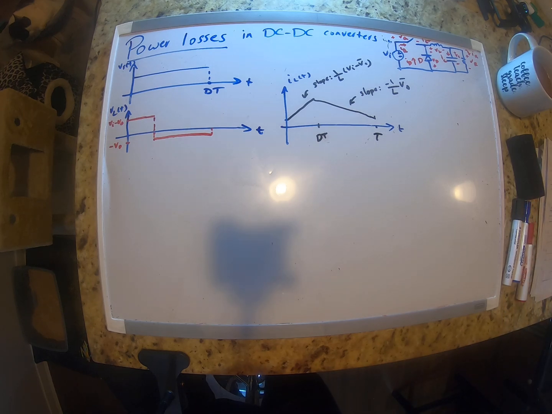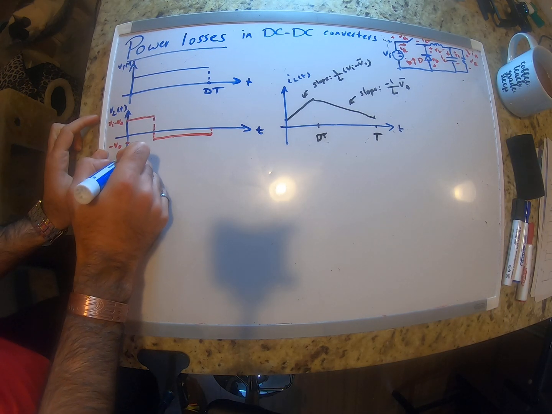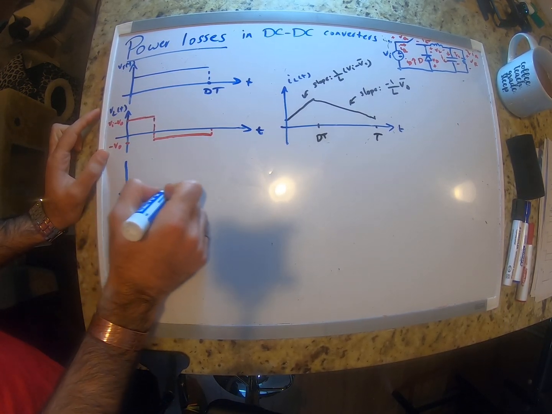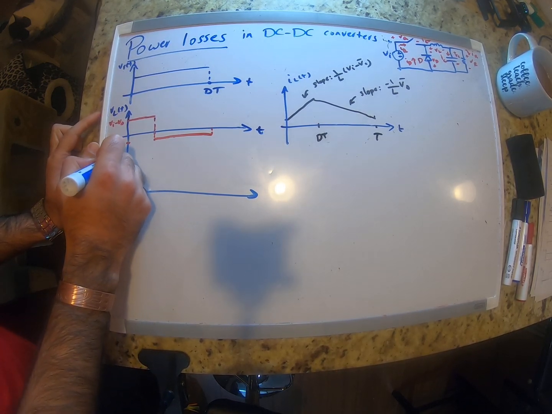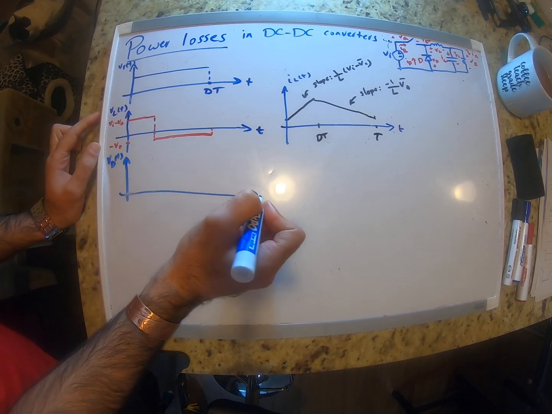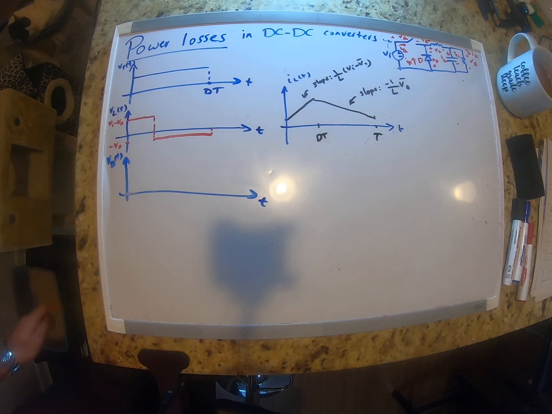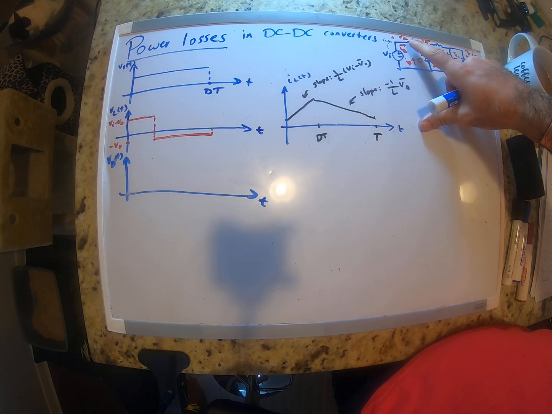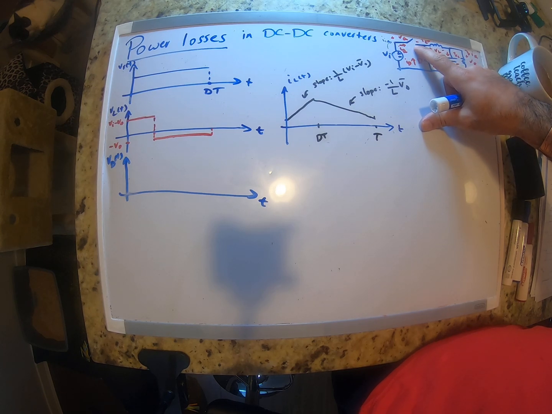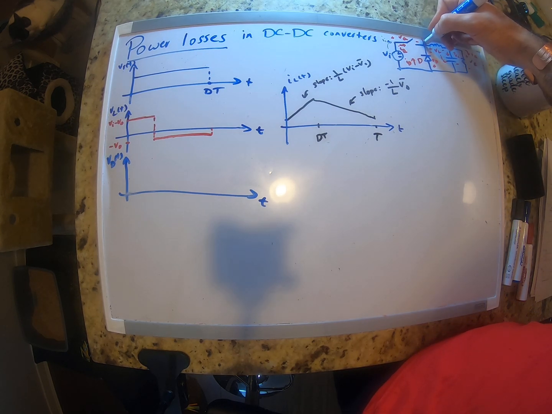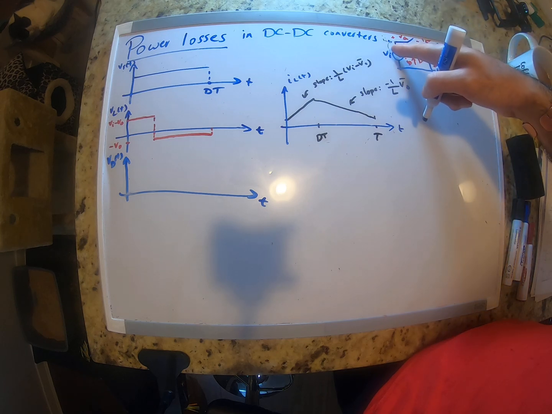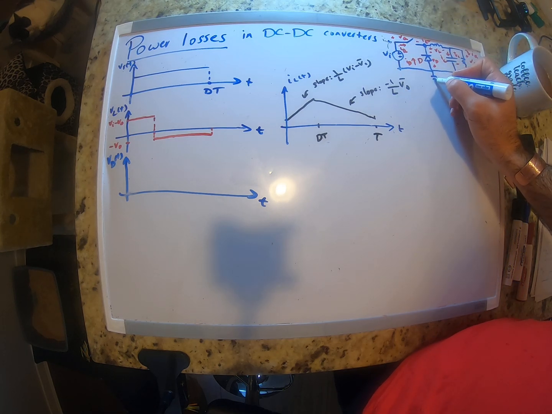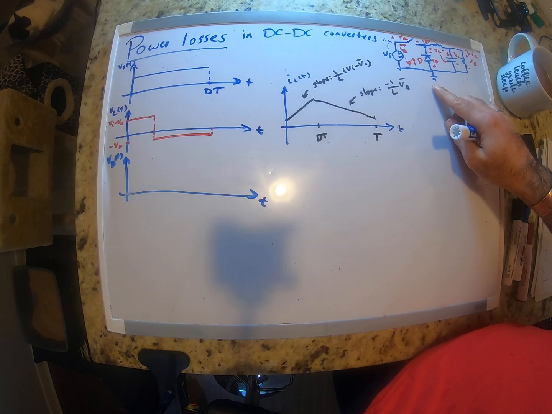Now let's take a look at this diode. So I want to know what's the voltage across the diode. When this switch is closed, the voltage at this node would be equal to V in, and this point is grounded, right?